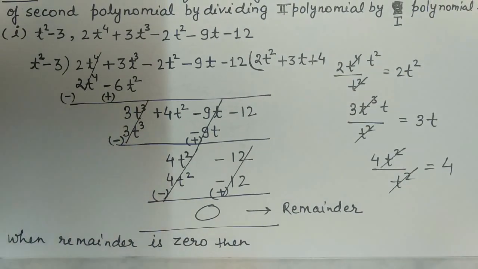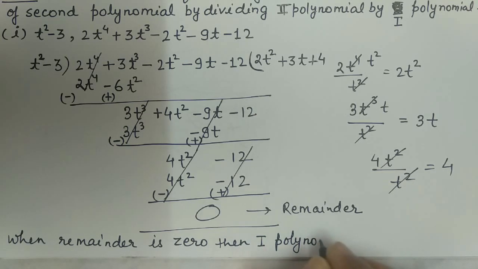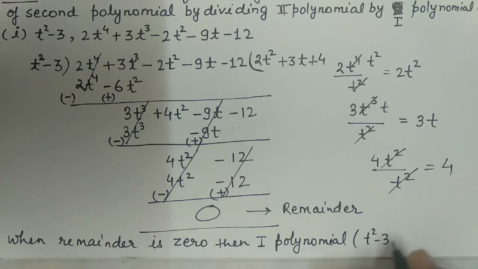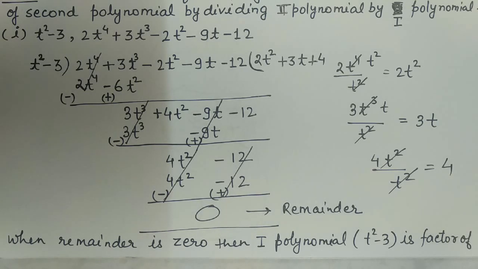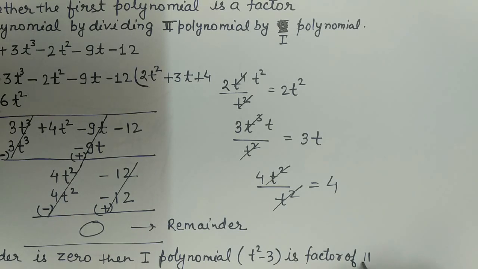When the remainder is 0, then the first polynomial, which is t square minus 3, is a factor of the second polynomial.